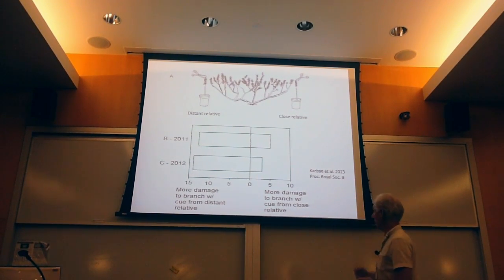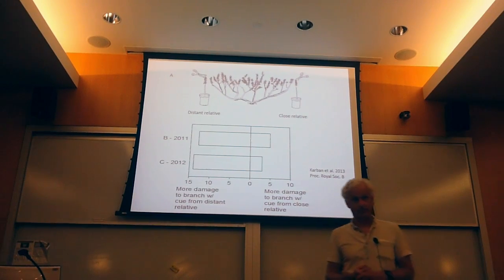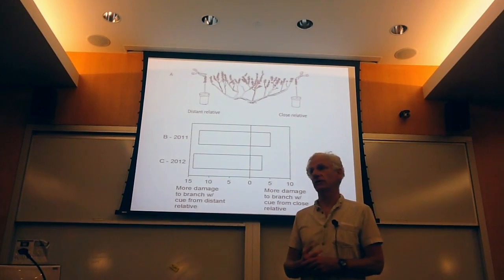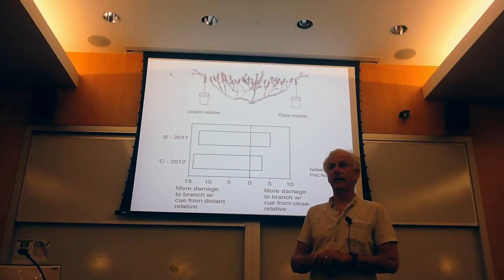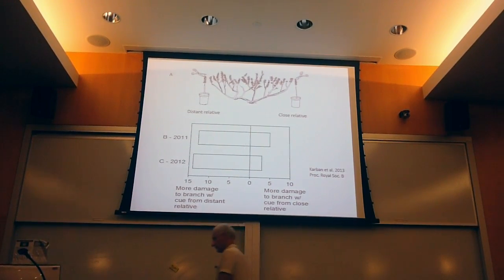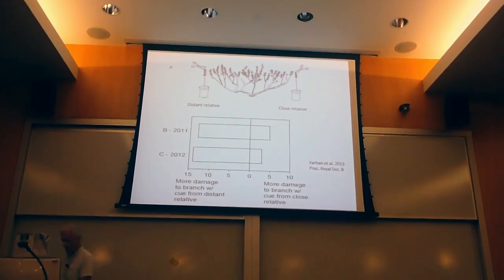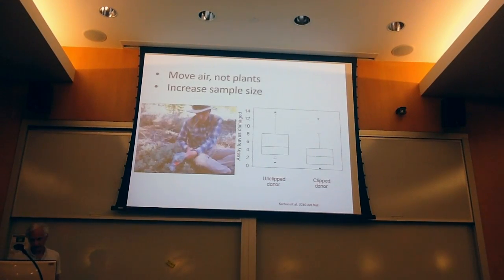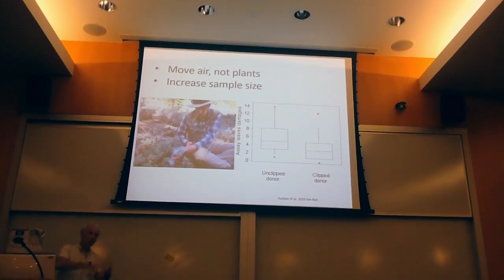Well, the sample size here is kind of pitiful. It's about 20 individuals, and it was a lot of work to get this, just because propagating these plants is so difficult.